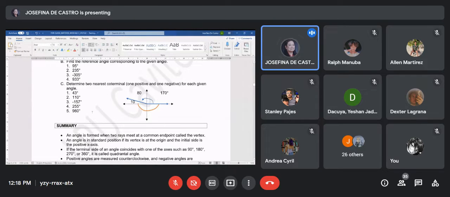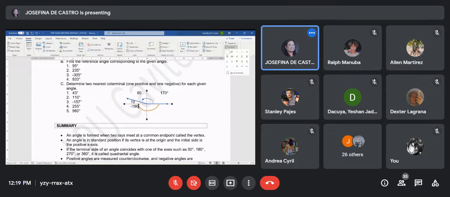Okay? So that is negative 180 plus 10, 190 degrees. Yun namang iyong nearest positive. Ang nearest positive mo, dahil siya ay may 170 ka na, isang ikot ka na.